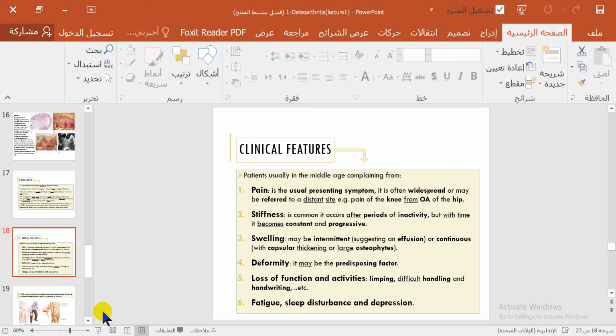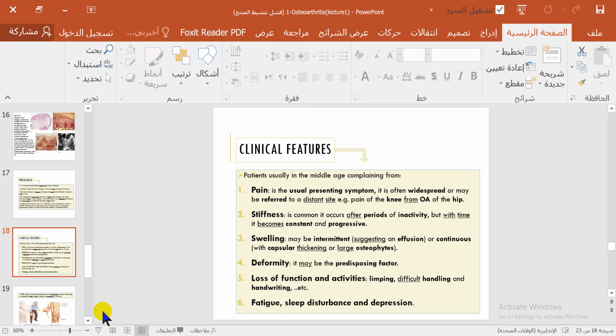Usually, after sleeping and getting up from bed, a patient complains of stiffness, which becomes more progressive and constant with time. Swelling may be intermittent, suggesting an effusion, or continuous with a capsular thickening and large osteophyte formation, where the joint becomes thick and sometimes deformed.